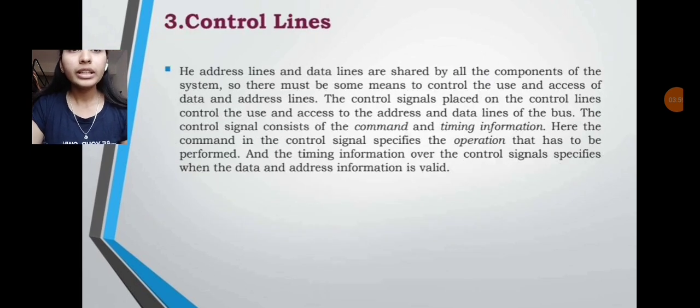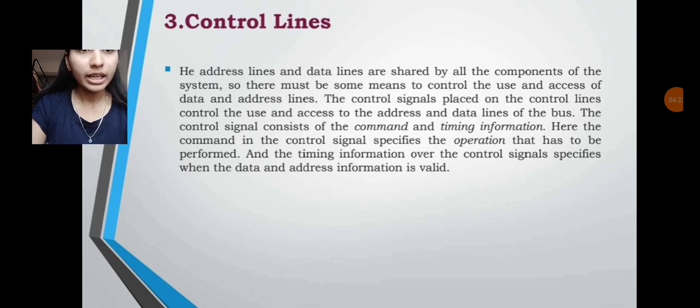Control lines. Address lines and data lines are shared by all the components of the system, so there must be some means to control the use and access of data and address lines. The control signals placed on the control lines control the use and access to the address and data lines of the bus.